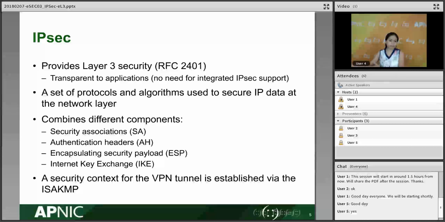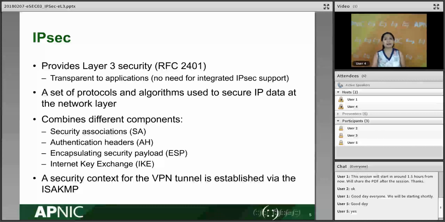By themselves they are quite big if you look at the RFCs. The RFCs are the standards that define these components. You have a lot of specifications that look at each of these components and how they work together.